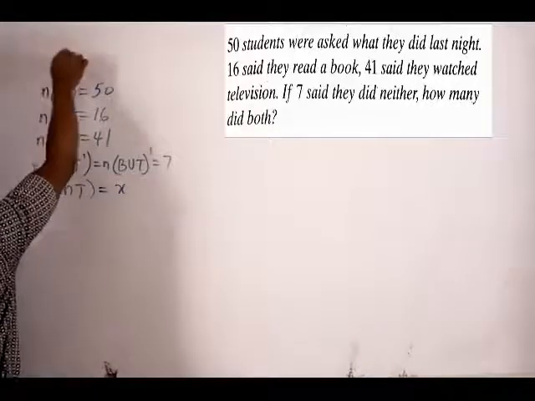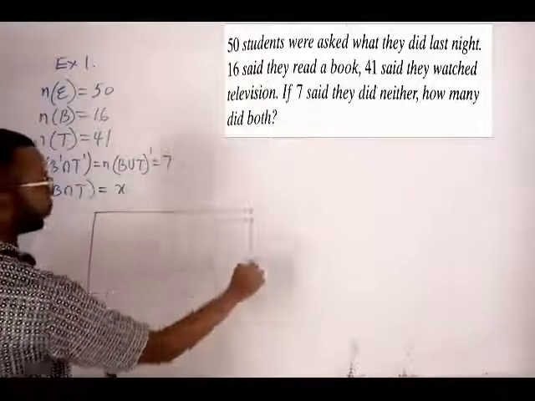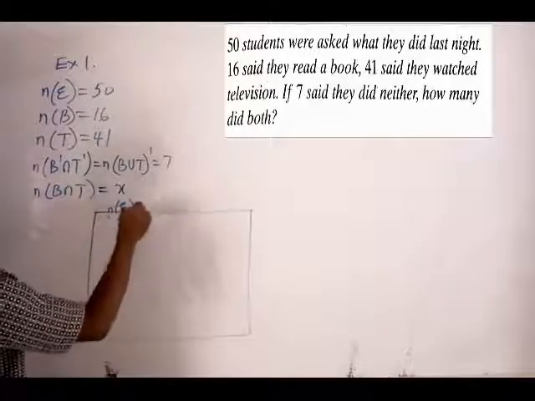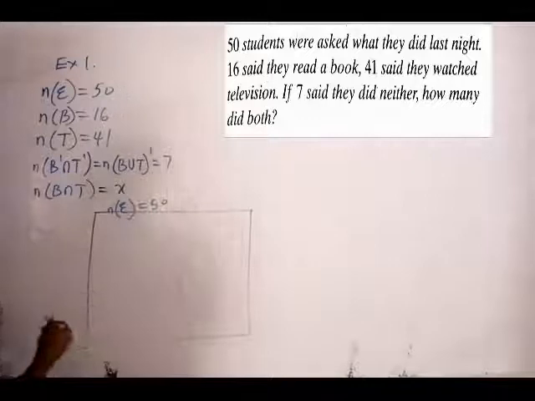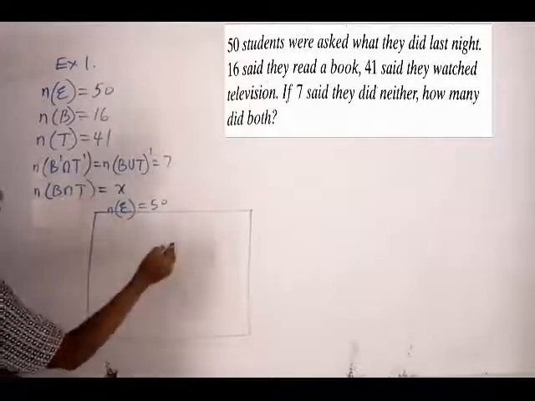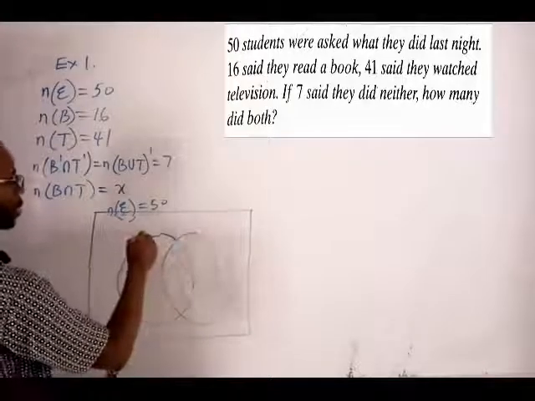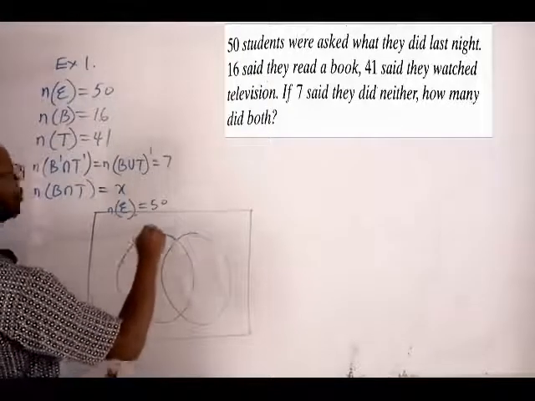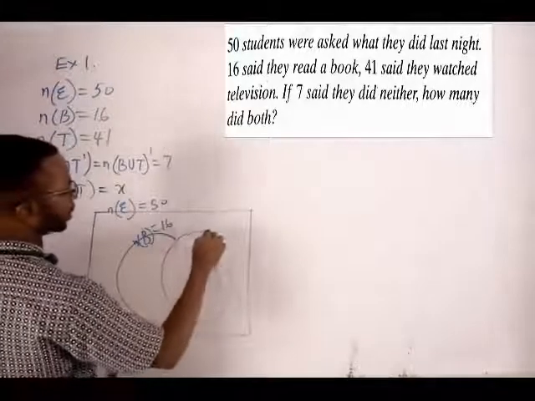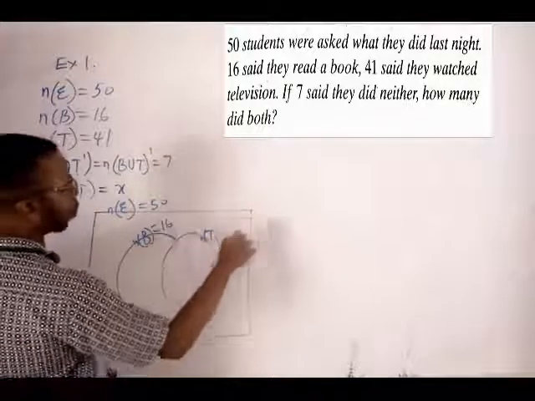So this is my example 1. So we have the number in the class, 50. Since they are asking us for people that did both, that means they exist here in this case. So this is people that read book. The number of people that read book is 16. This is television. Number that watch television is 41.